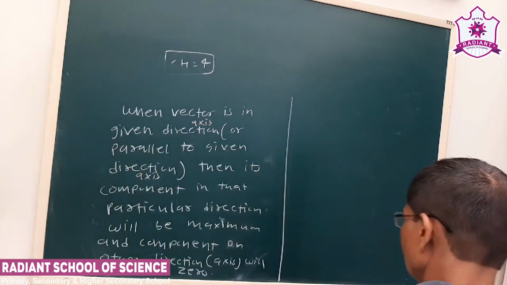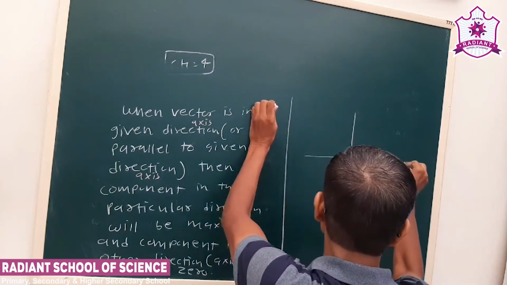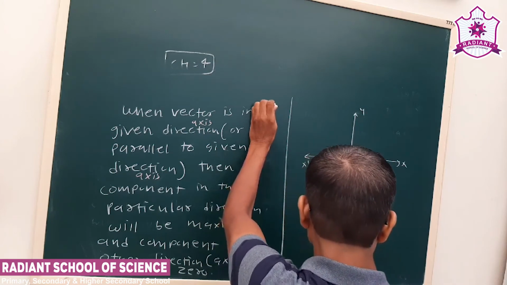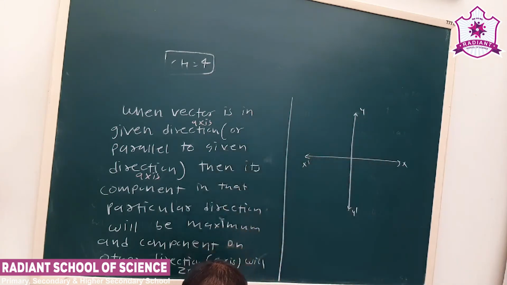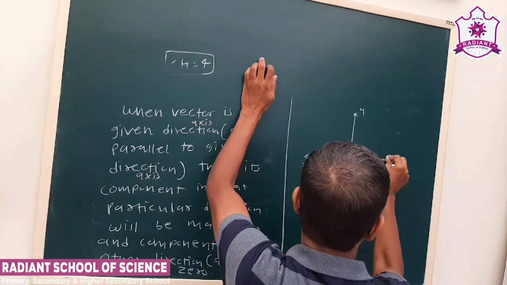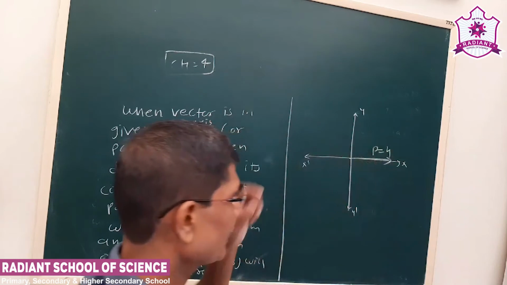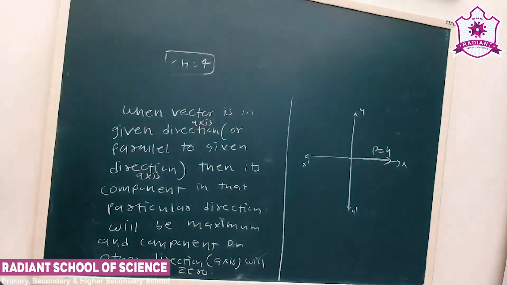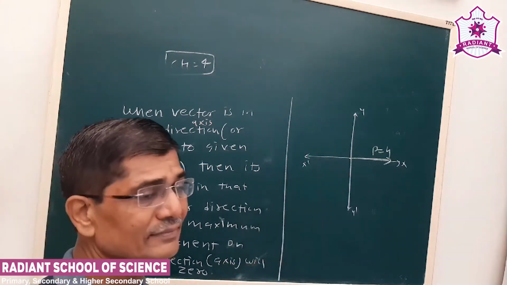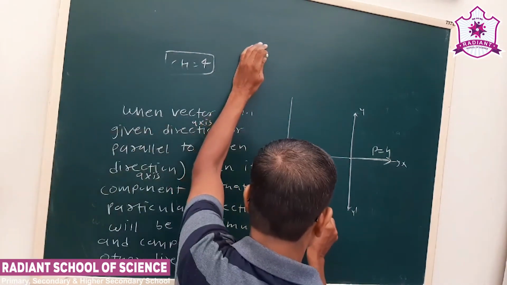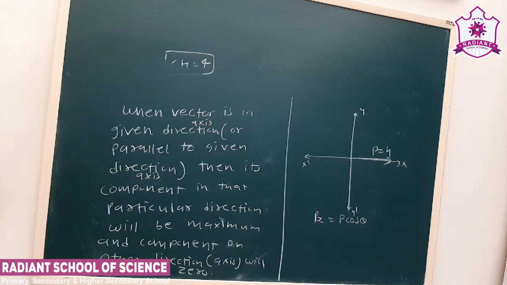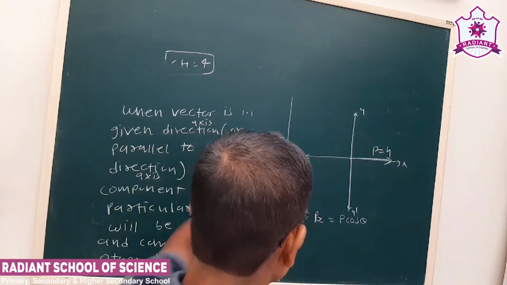Now we take a simple example. Let us say vector P has a magnitude of 4. You can see it is lying on the x-axis, or we can say it is parallel to the x-axis. So what will be the x component of P? The vector is parallel to the x-axis, so the angle with the x-axis will be 0.